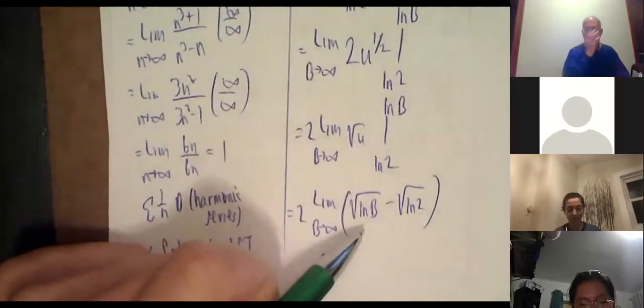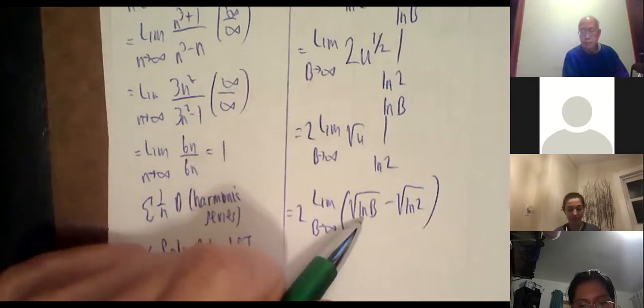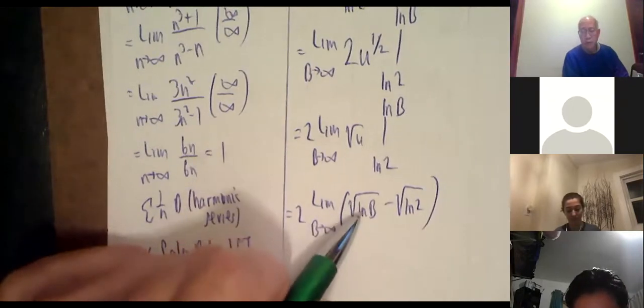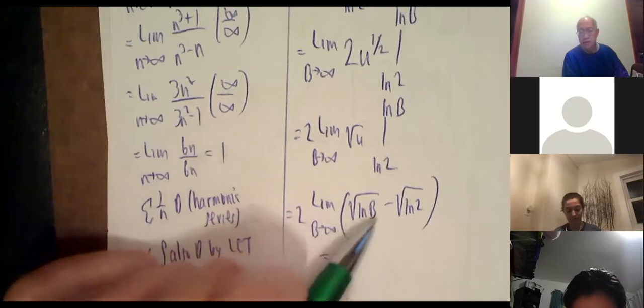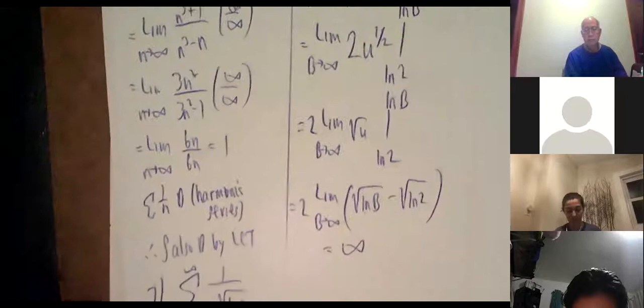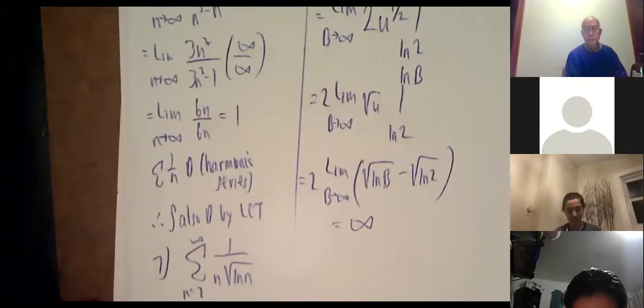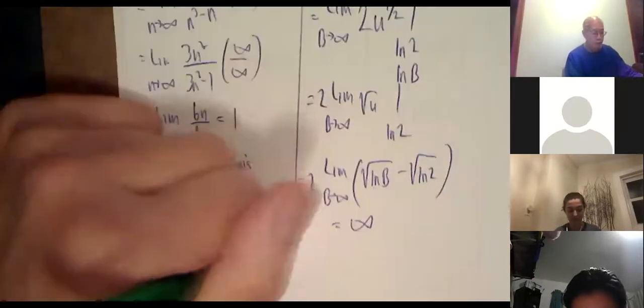When b gets big, ln b gets big, the square root of big is big. Take away this puny number, it's big. Multiply by 2, it's big. So the integral diverges.